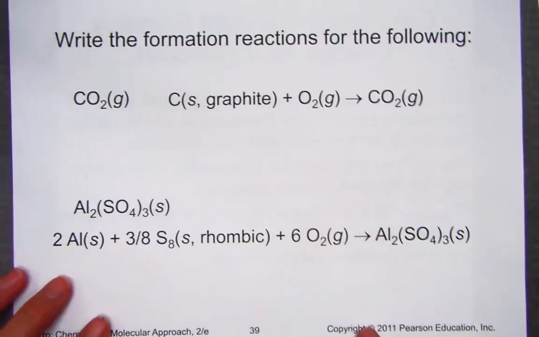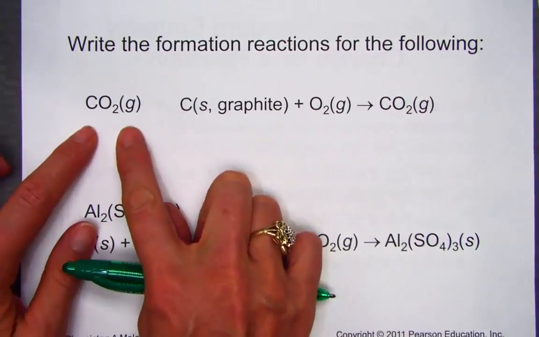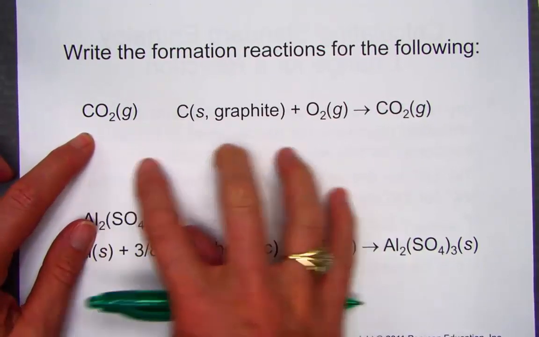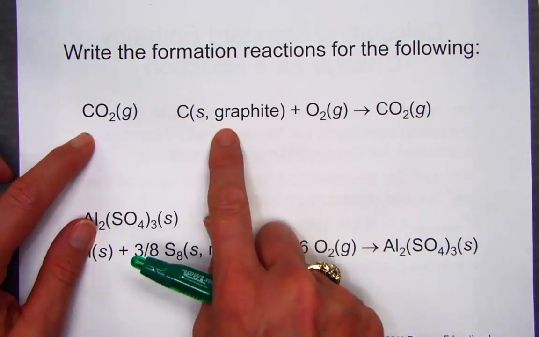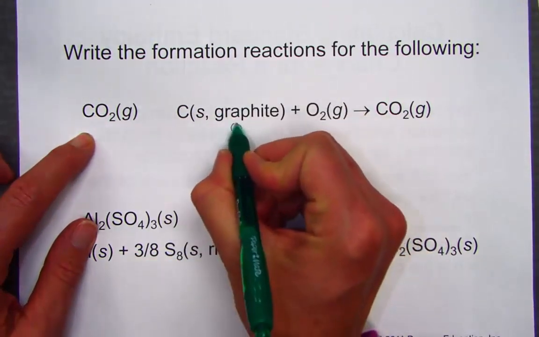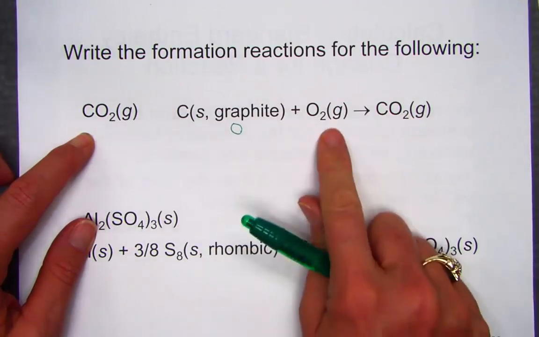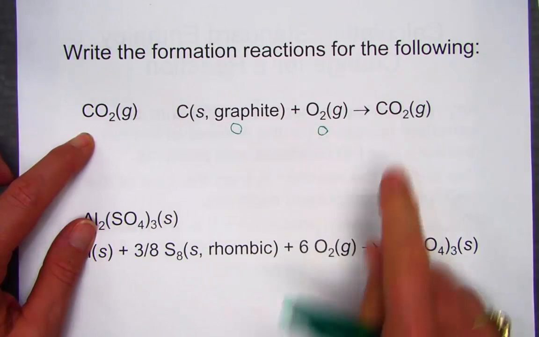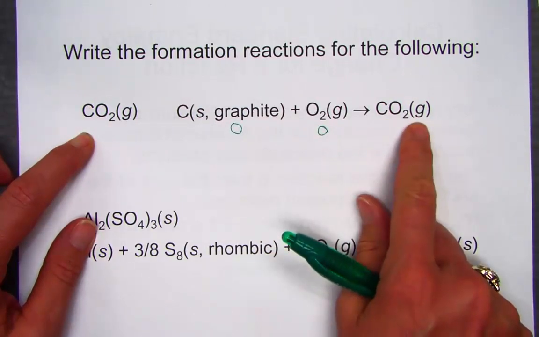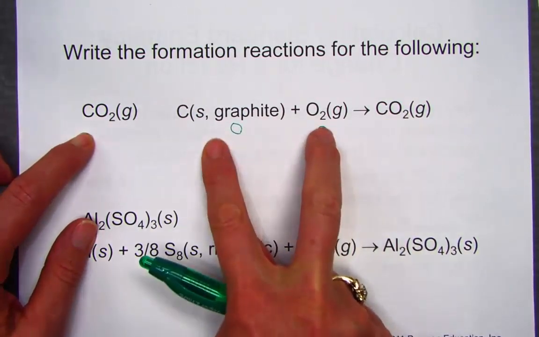So what might be some heat of formation reactions for the following? Here's an example. Suppose we wanted to write a formula showing the formation of carbon dioxide gas. Carbon is in the form of graphite, heat of formation of 0. Oxygen in its molecular form as a gas, heat of formation of 0. Carbon dioxide as a gas is formed from its constituent elements.